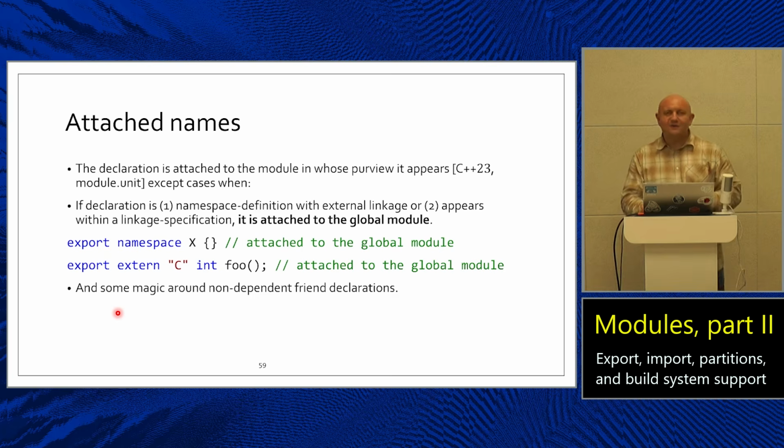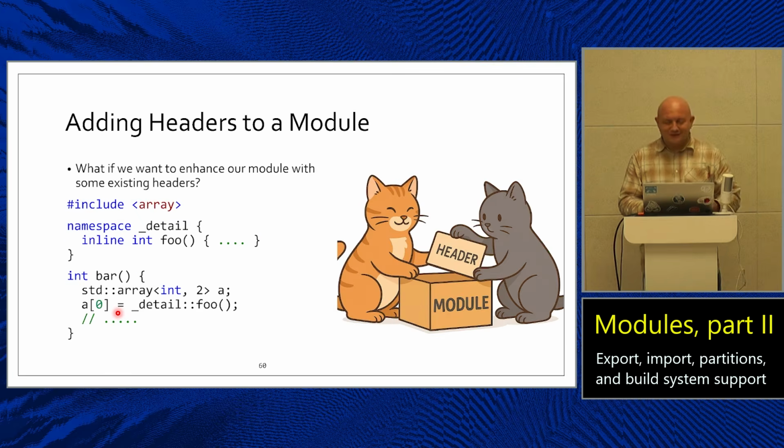And now, when we have learned something about names, let's start with the problem of smooth transition. Let's try to add some headers to a module. As you can see from the picture, headers don't fit well enough. So look, here's our pre-module situation. We have a simple function bar that uses std array.